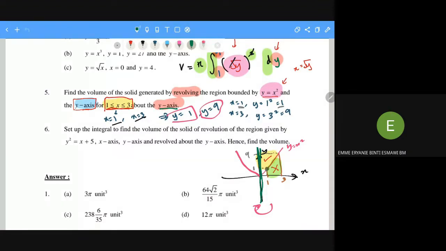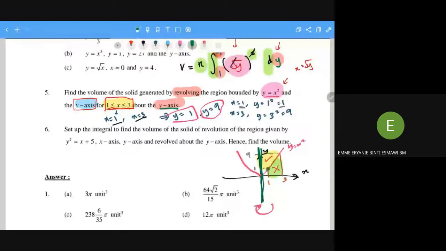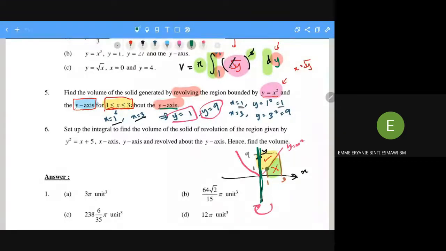Lepas tu dapat student yang 2000 tu dah macam wow. Dapat student millennium. Zaman before you guys lahir kan. Kalau you guys tanya your parents ke apa. Before you guys were born. Tahun 1999. December 31st. Sebelum masuk 1st of January 2000.